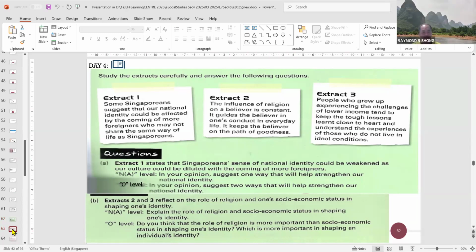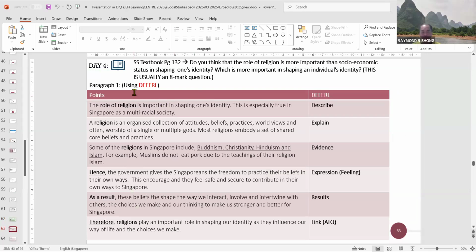Okay, see? This is the textbook just now. You understand? Bohan, last week Tuesday you never came, right? So this is the one, describe, explain. Yeah, you just read.